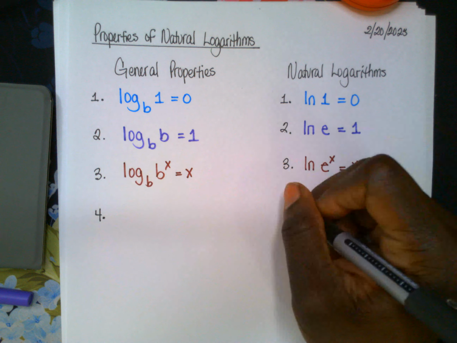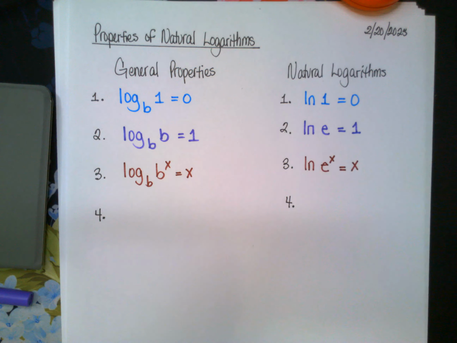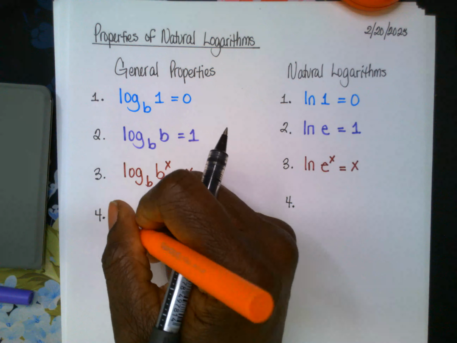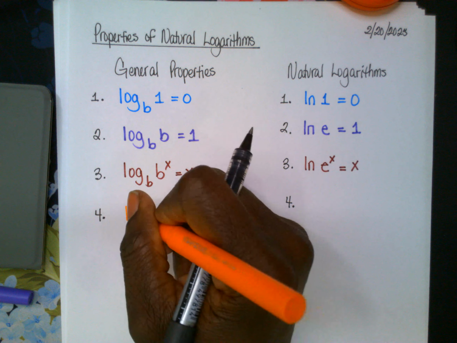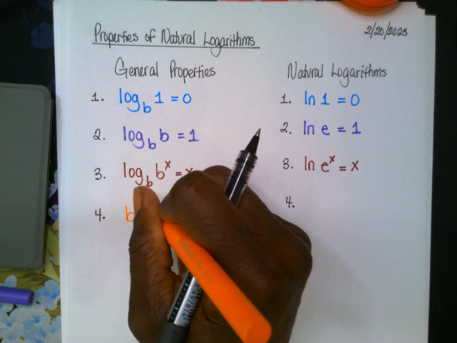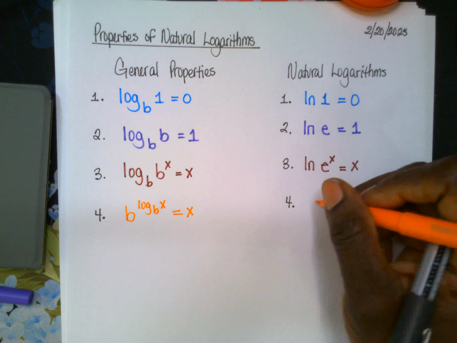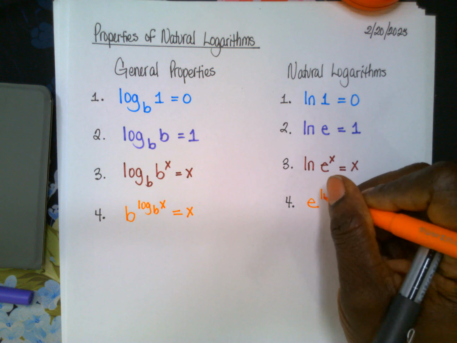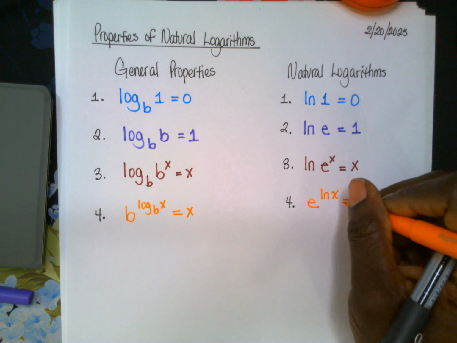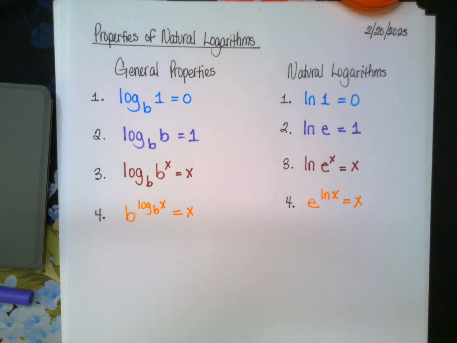And then lastly, number 4, and these notes will be available within the notes you took today for class. We're going to have b raised to the log base b of x is equal to x, and e to the natural log of x is equal to x.